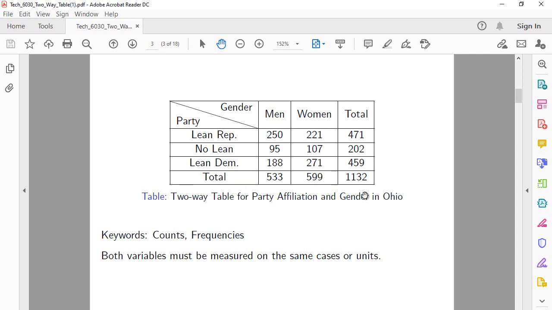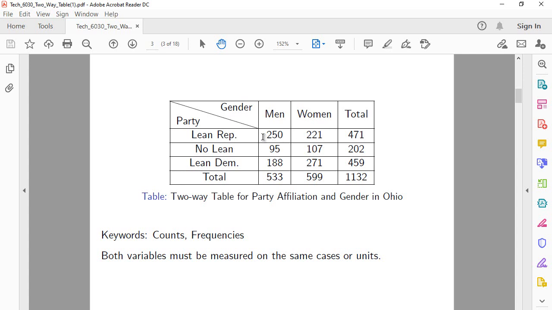So in the study, 1,132 adults were picked randomly in Ohio in 2014, and it turned out that 533 of them were men and 599 of them were women. Now, the numbers in each of these cells are counts for those cells.